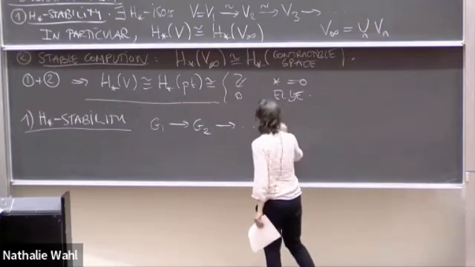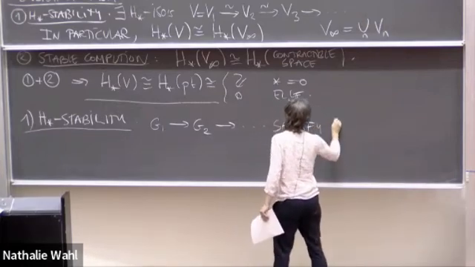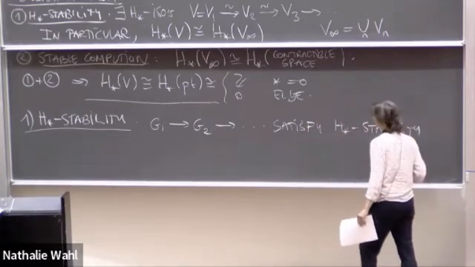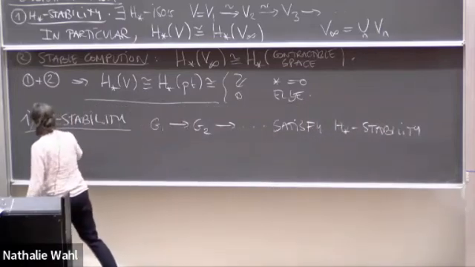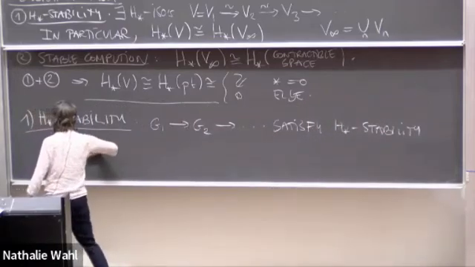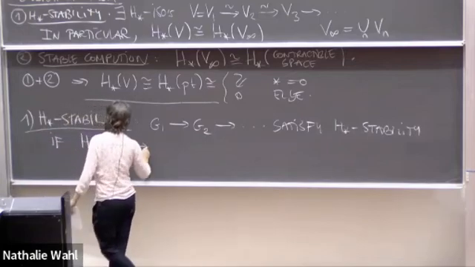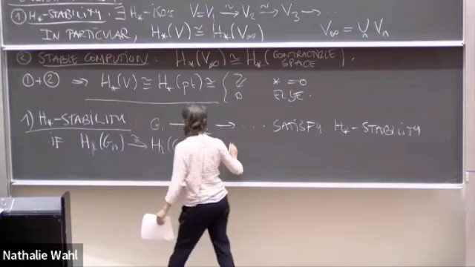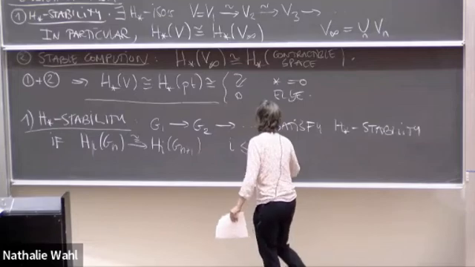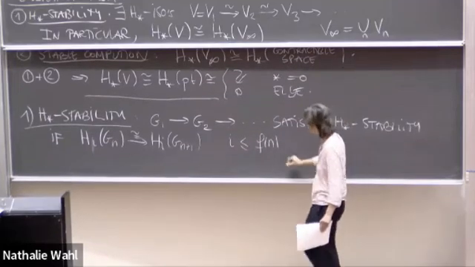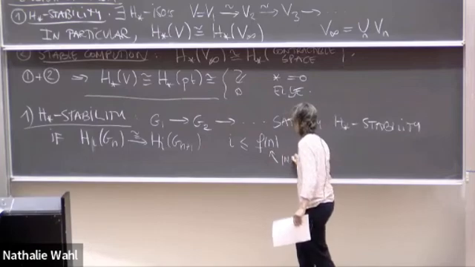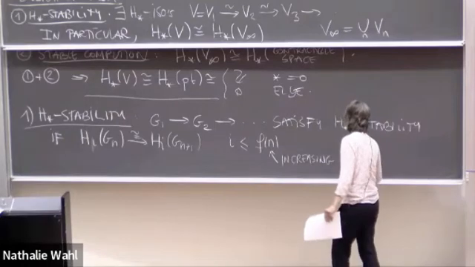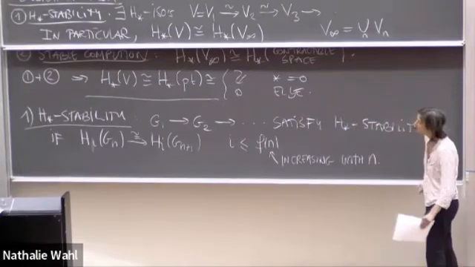And we say they satisfy homological stability if, when you look at the induced maps on homology, Hi Gn to Hi Gn plus 1, this is an isomorphism for all i smaller or equal to some function f of n, where I want this to be an increasing function of n.